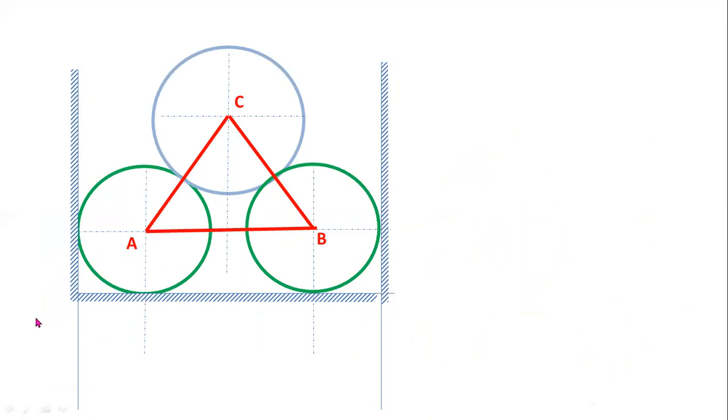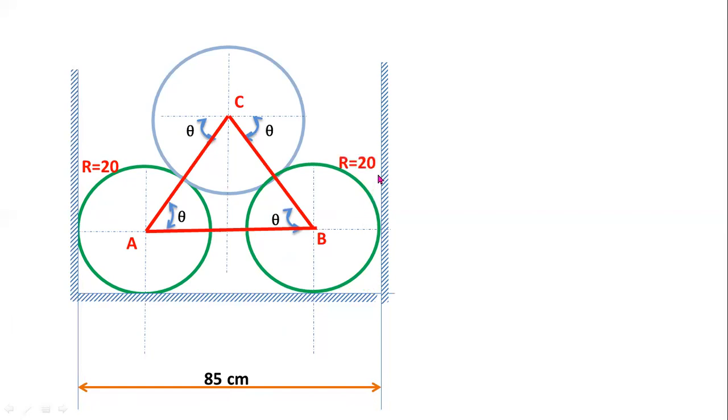Now from the given question, the width of the horizontal channel is 85 centimeters, and the radius of cylinder A is 20 centimeters, the radius of cylinder B is also 20 centimeters, and the radius of cylinder C is 25 centimeters.